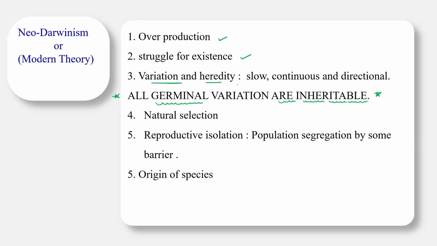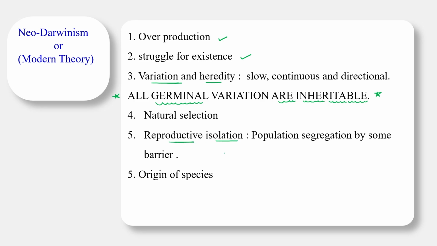So this point was included in the neo-Darwinist theory or modern theory. Variation and heredity are there, but variations are slow, continuous, and directional, and all the variations present at the germline level or germinal level are heritable. Okay, and the fourth point is the same, natural selection. Then reproductive isolation is another point which was further included by other scientists.